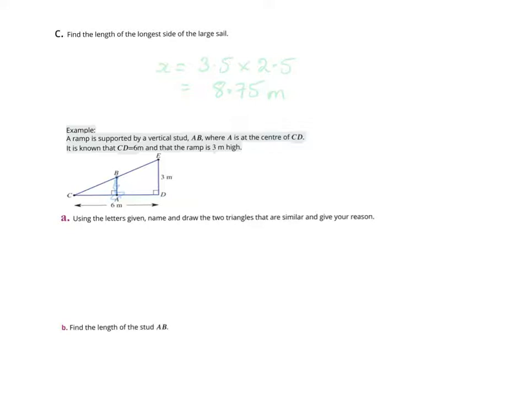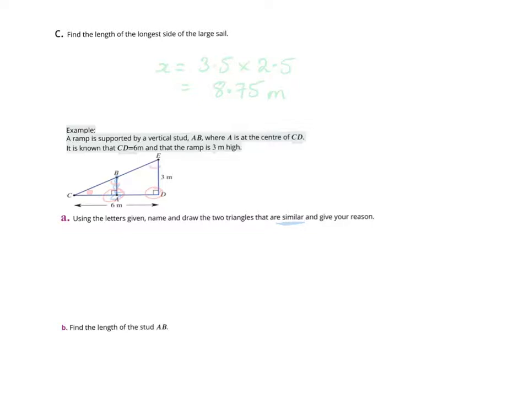Part A asks us to use the letters given, name and draw the 2 triangles that are similar, and give your reason. They've both got a 90-degree angle, and they share this angle here.